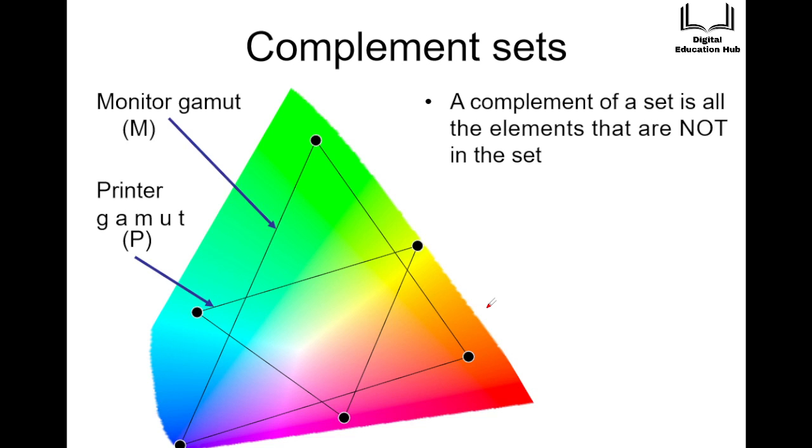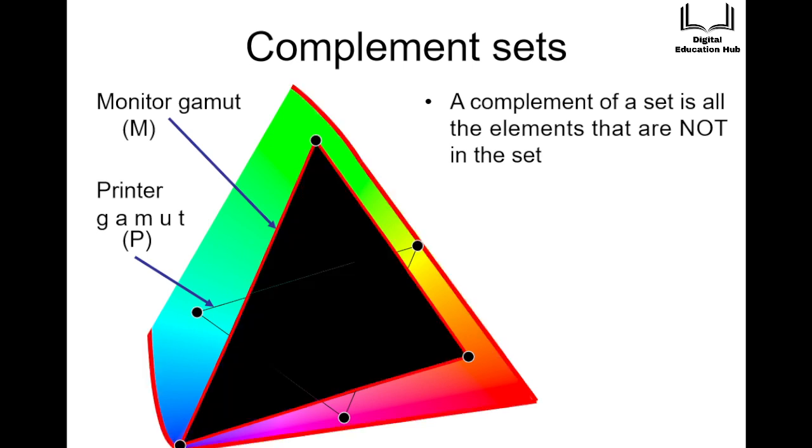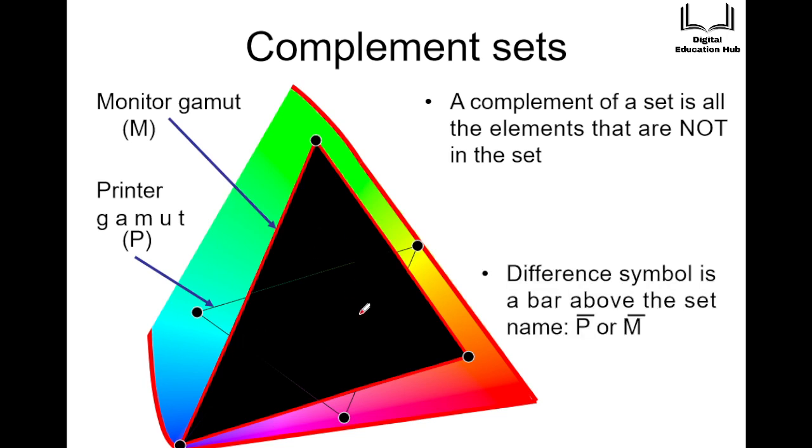The next operation which we can perform on the set is complement set. A complement of a set is all the elements that are not present in the given set. So suppose I'm talking about M, except the region of M, consider the other elements. So M bar means other than M. So here I can say P bar or M bar.